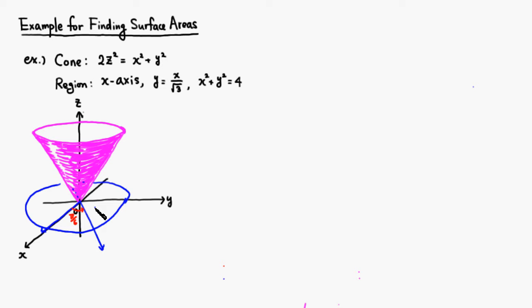In this case, I'm going to just look at the region. You could actually include the region behind it, but I'm just going to do this part right here. So this is the region on the xy plane. Let's just use this pie-shaped region right here. So I'm just coloring it right there.